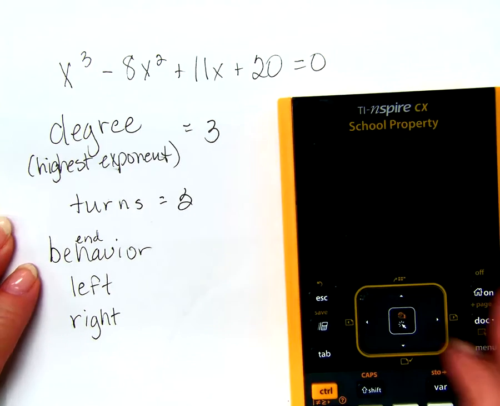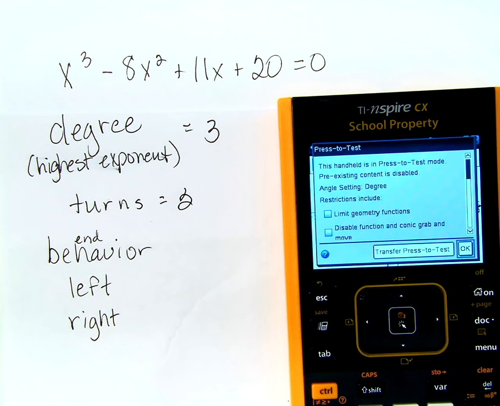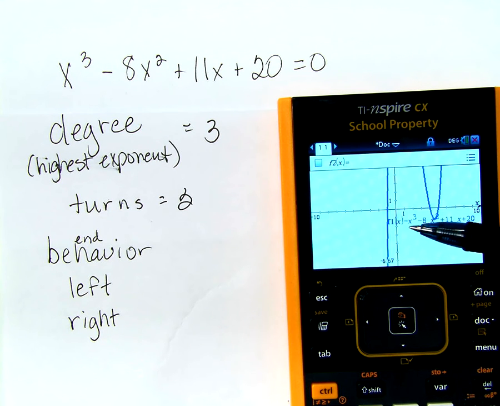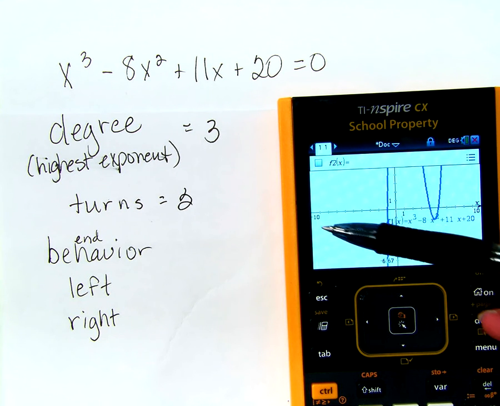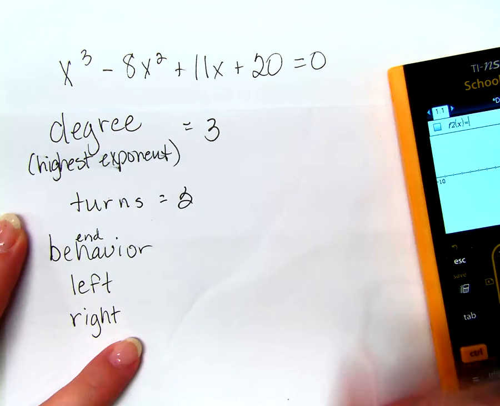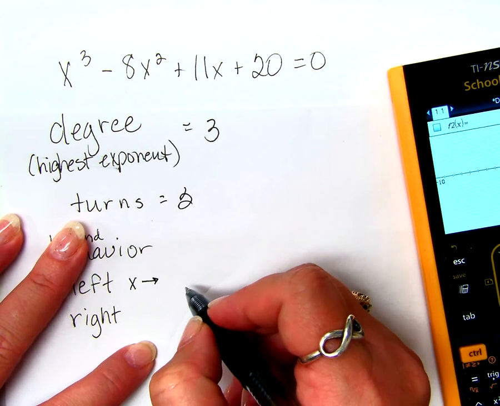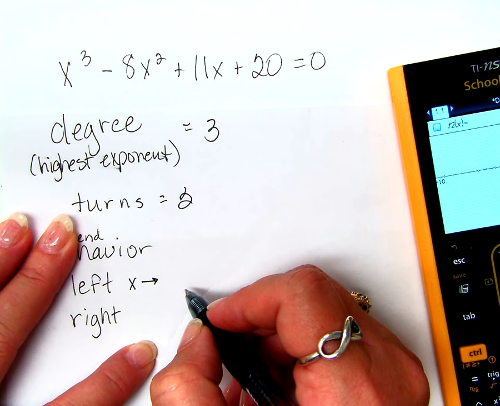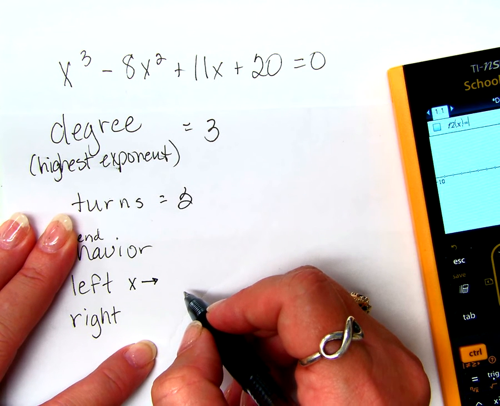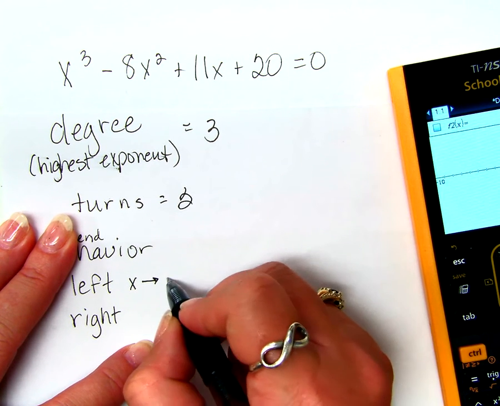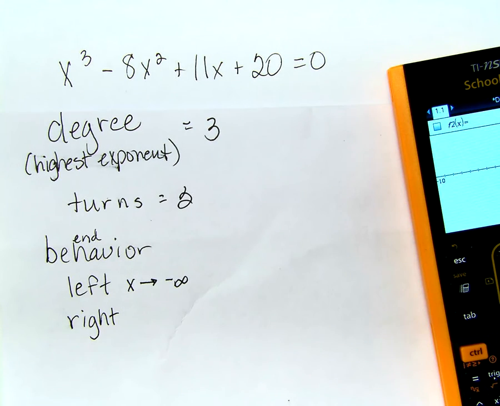How is this graph behaving to the left? Well, how would we say that the math way? Well, we're talking about just specifically to the left. So we're saying as x goes to where? Where's it going to the left? How do we say to the left in math? Negative infinity. As x is going to negative infinity, what is it doing?